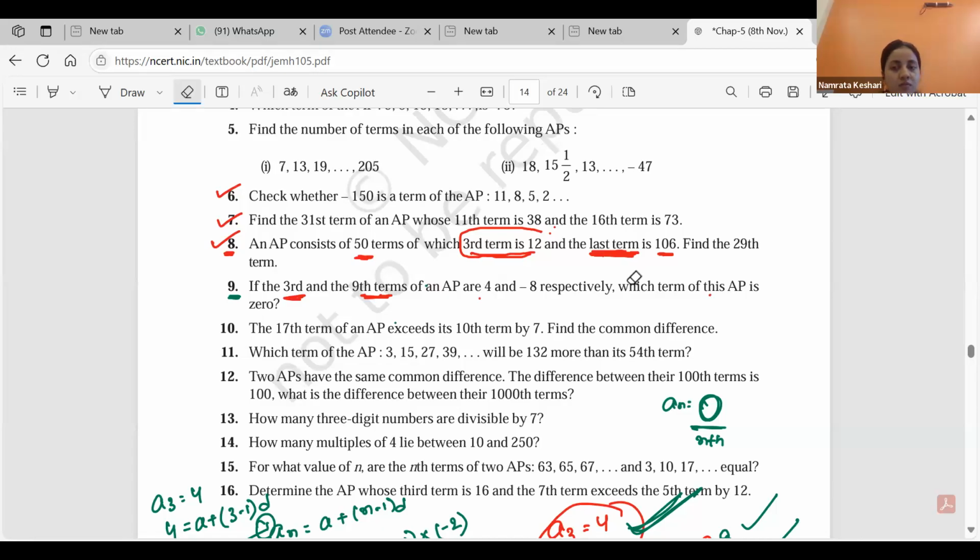I think the 17th term is greater than the 10th term by 7. Yeah, so how will we write it?